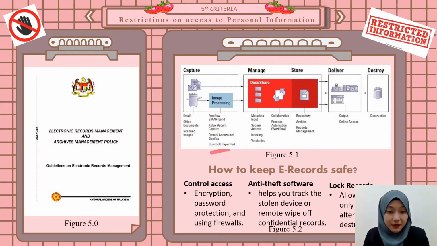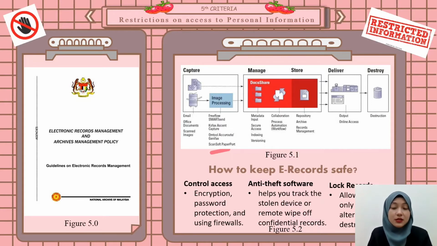As you can see on the page with Figure 5.1, we can see the overall flow of how electronic documents are created, captured, processed and managed, stored, and delivered to be accessed by authorized persons, and destroyed in the end if there is no archival value in them.